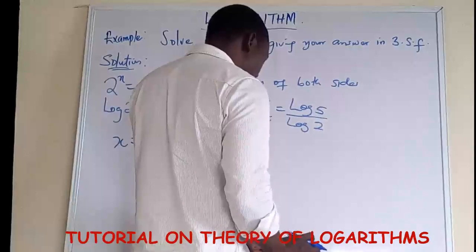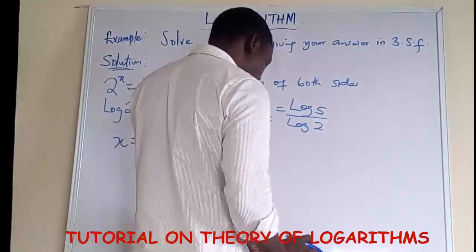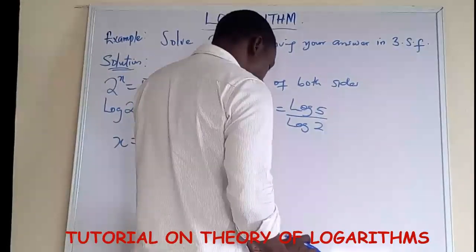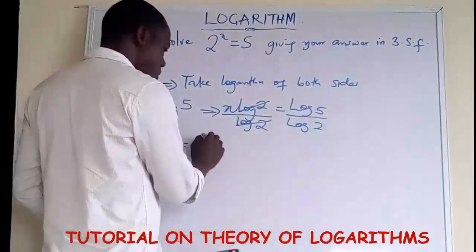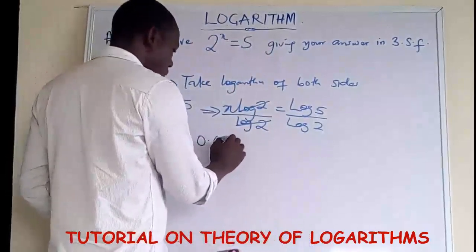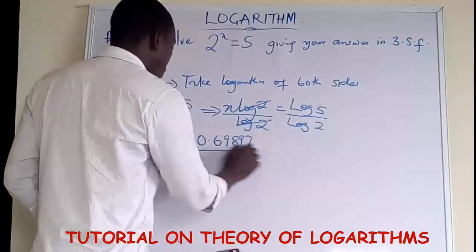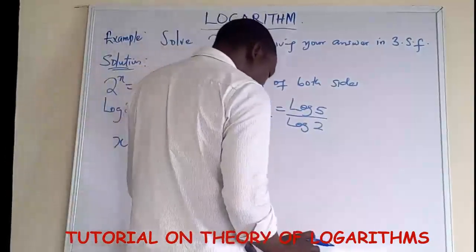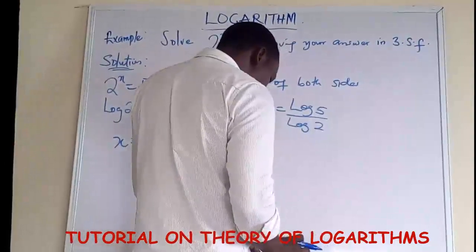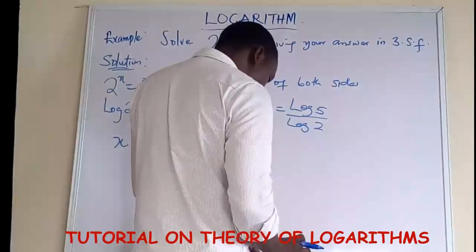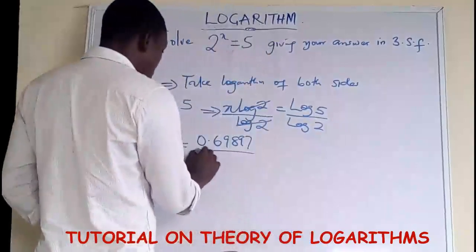Log 5 is 0.69897 over log 2. Log 2 is 0.3010.